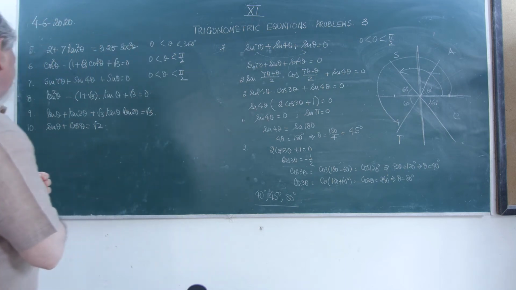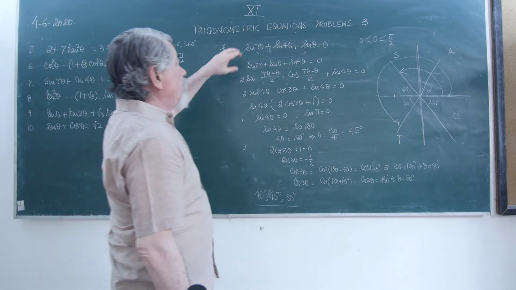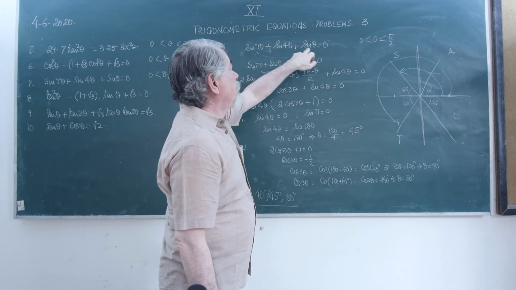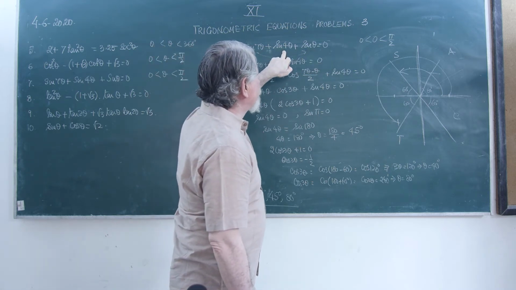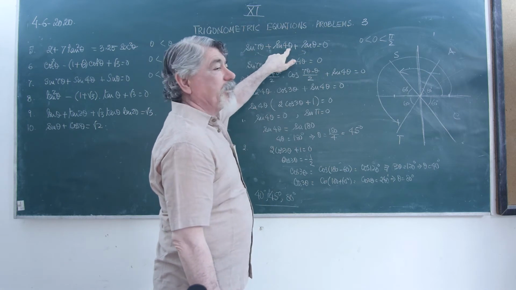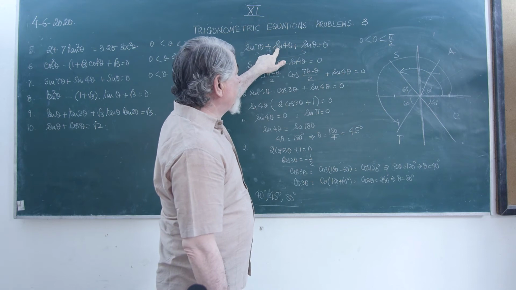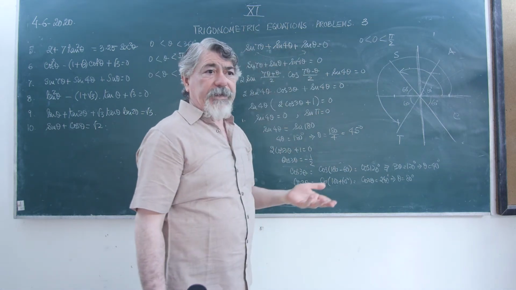Now let us see question number 8. In this what we did was we combined sine theta and sine 7 theta to get sine 4 theta. If I had combined sine theta and 4 theta, I would have got 4 theta plus theta, which is 5 theta upon 2, or 7 theta plus 4 theta, which is 11 theta upon 2.